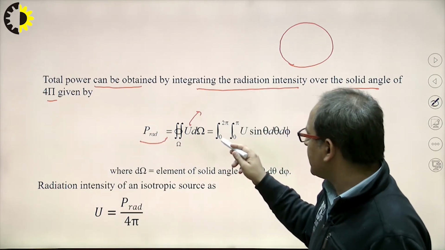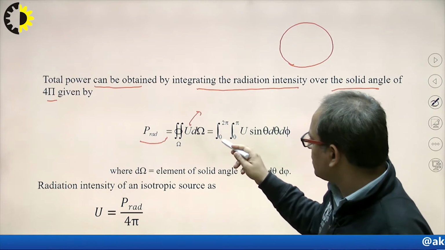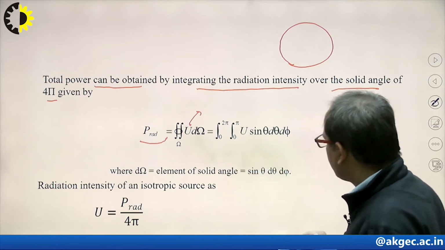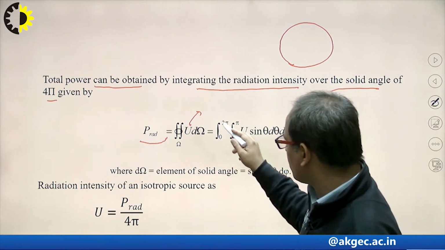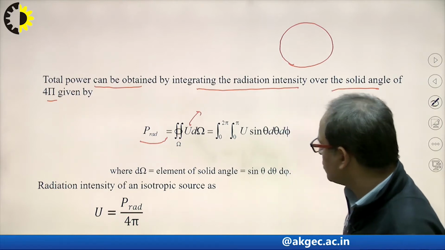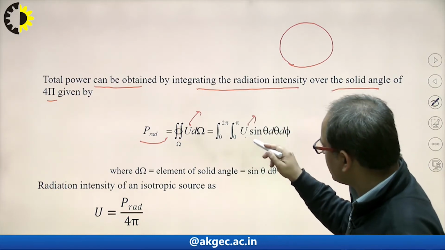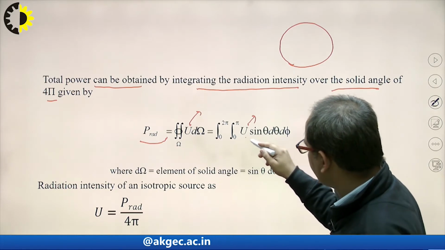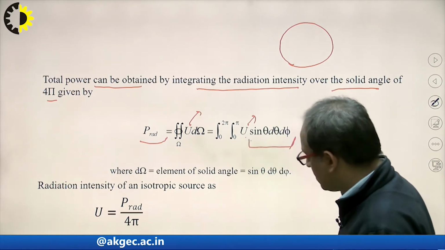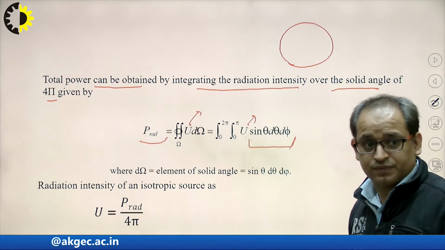We integrate in terms of theta and phi: theta from 0 to 2 pi, and phi from 0 to pi, of U sin theta d theta d phi. This I have already told you in the previous lecture.